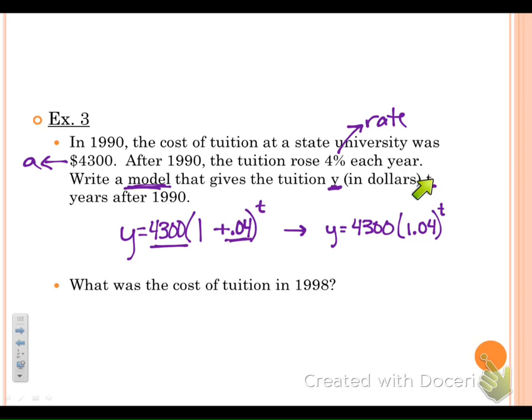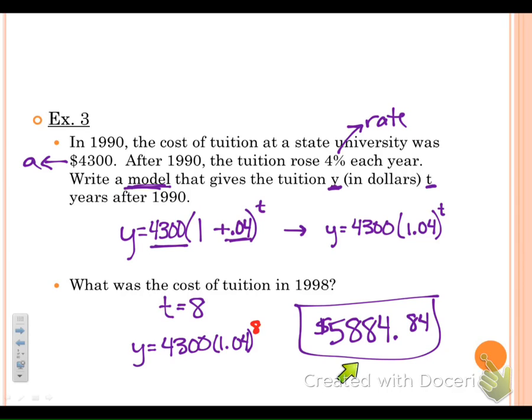After the discussion, T years after 1990, 1998 is 8 years after 1990. So when we plug in T, it's just going to be an 8, not 1998. So this is the tuition in 1998 after it rises, tuition rising 4% each year.